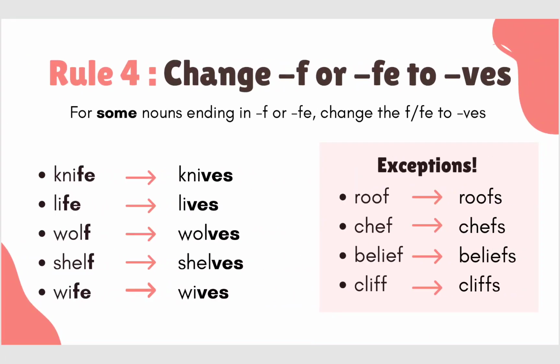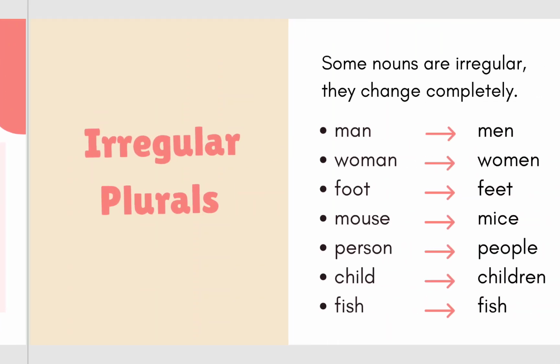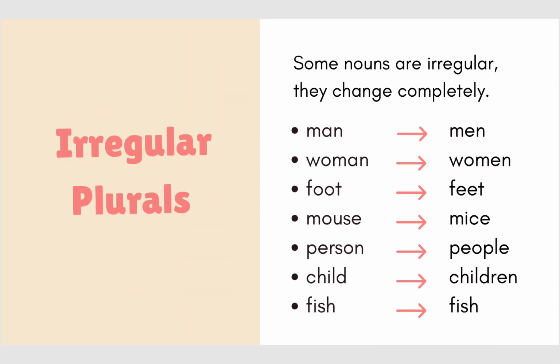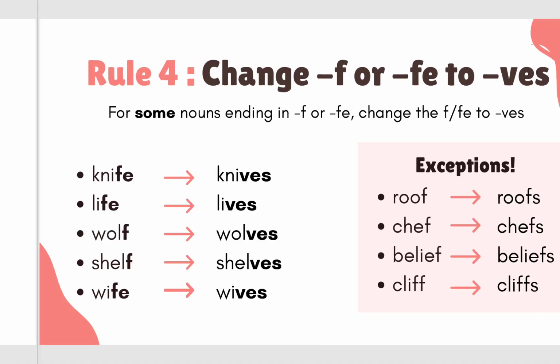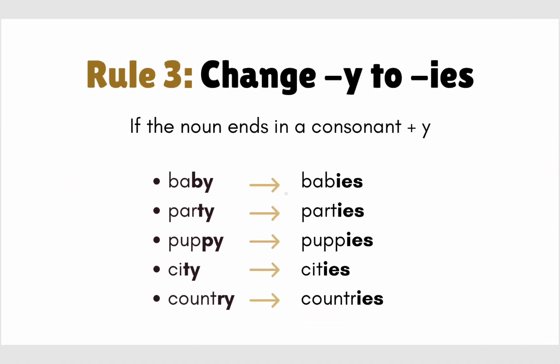Now, rule number 4. There are many irregular plurals. What does it mean? It means that these plurals don't follow the normal rules we have learned till now.